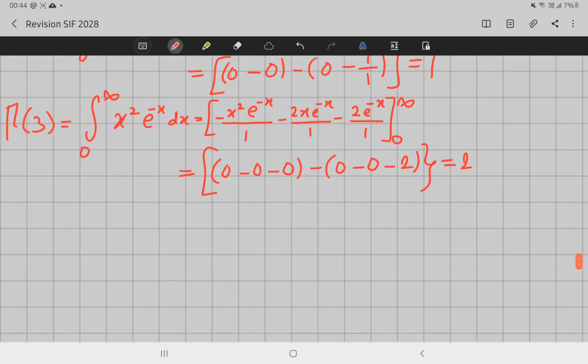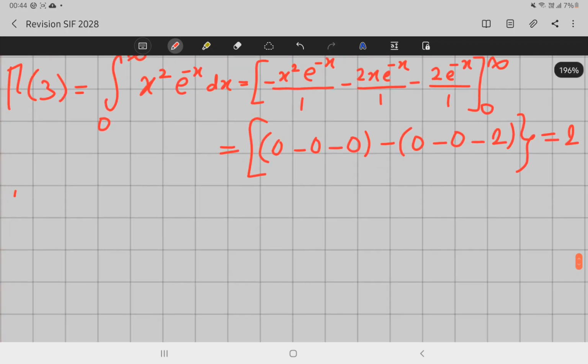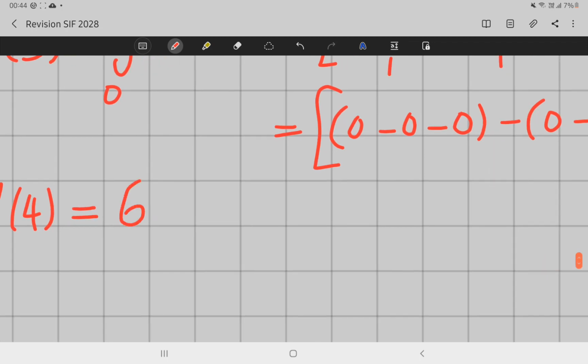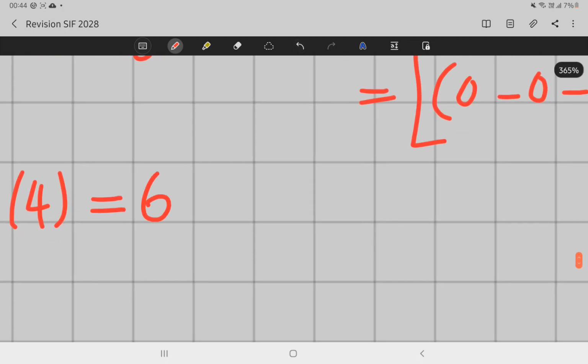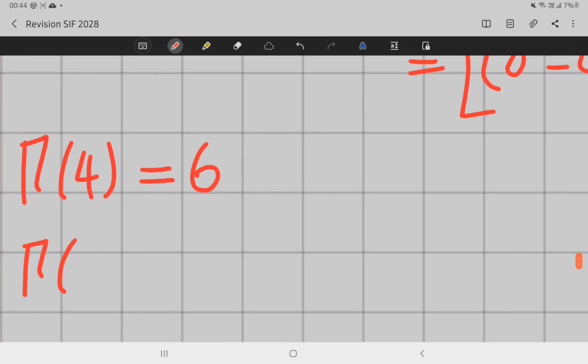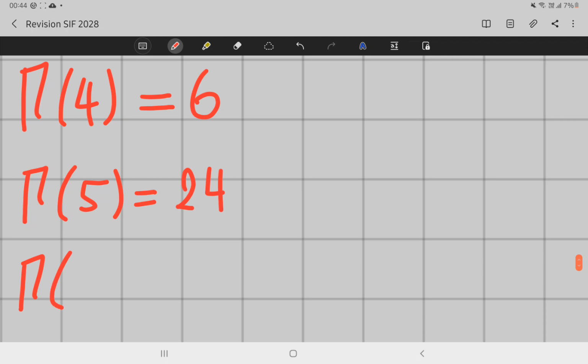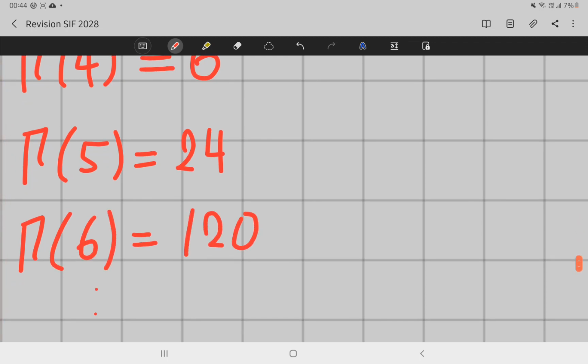And if you do gamma of 4, you will get 6. Gamma of 5 gives 24, and gamma of 6 gives 120, and so on.